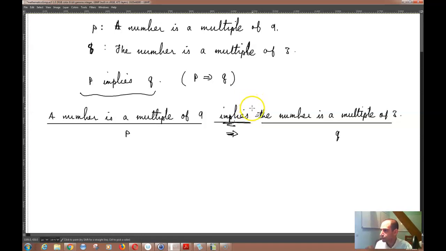So what that means is that the number is a multiple of 9 implies that it is a multiple of 3.